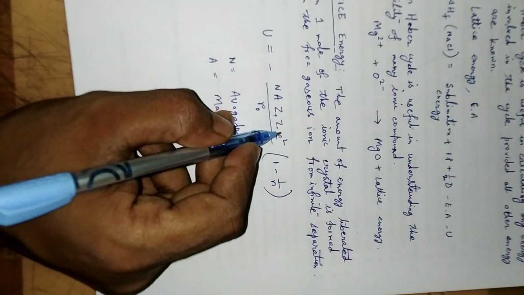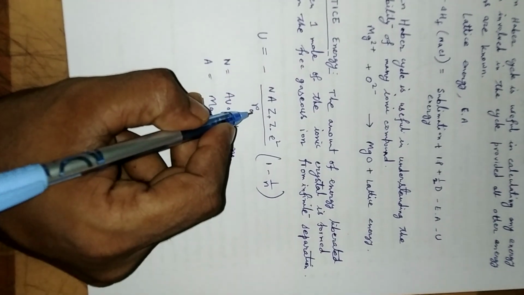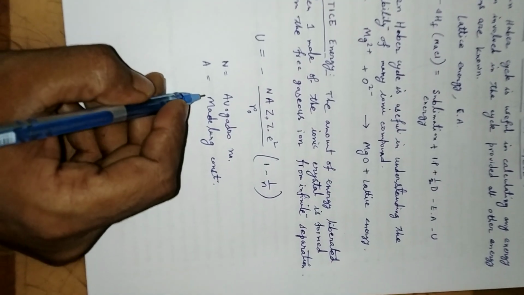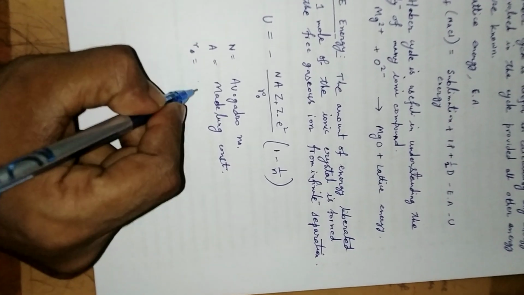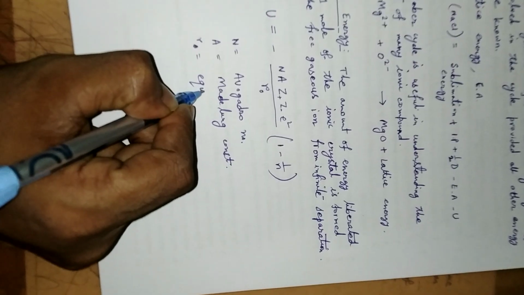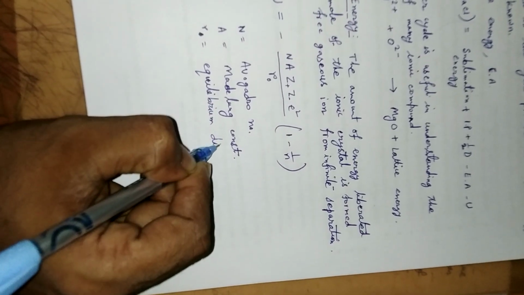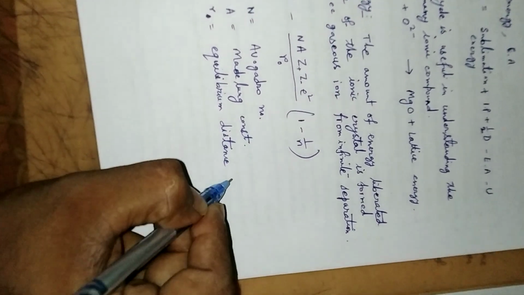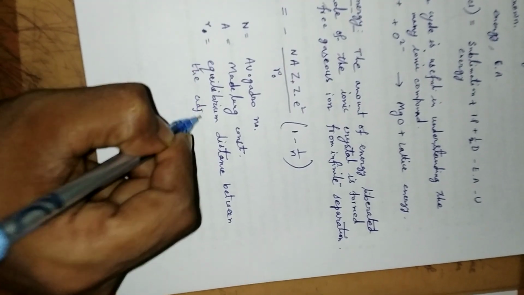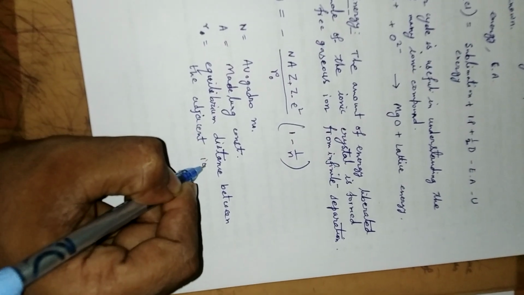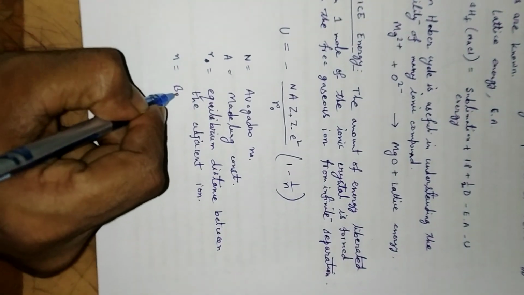Z plus Z minus is the charge of the cation and anion, and R0 is the equilibrium distance between the adjacent ions, and n is called Born exponent.